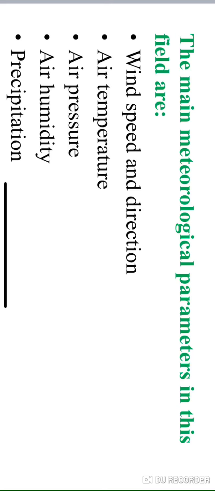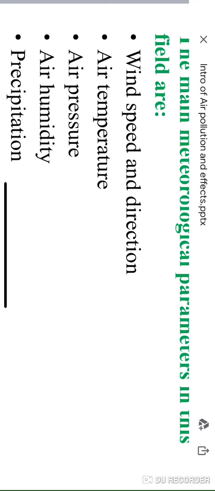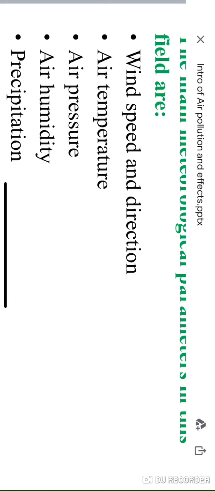So the minimum wind speed should be 15 km per hour, the yearly average near that particular project. Meanwhile, it will take the pollutants a long way, and the continuous effect on the residential area will not be there. Then the wind direction. Wind direction is also helpful to identify whether for a longer period in a year the direction of wind is the same or is going to change.